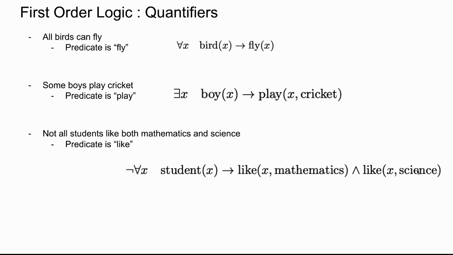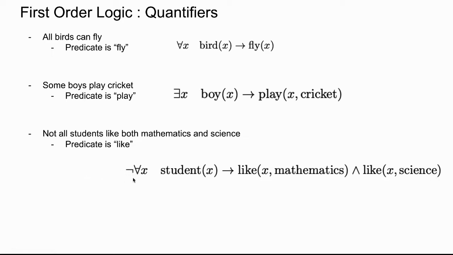Okay, so the way we represent it is like this. We have a logical and operator over here. So it says like x comma mathematics and like x comma science, and here we have put a not. Okay, so if this not was not there, it would mean that for all x, if x is a student, then he or she will like mathematics and like science.